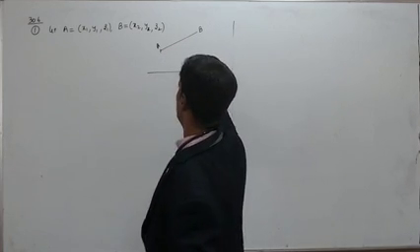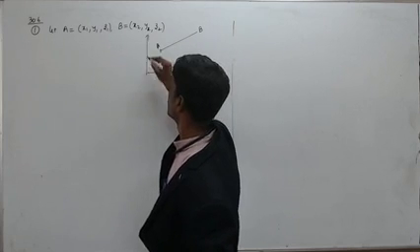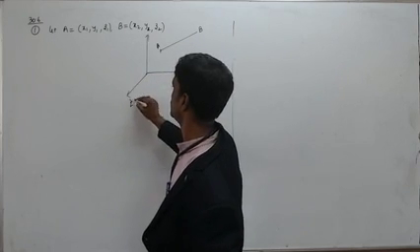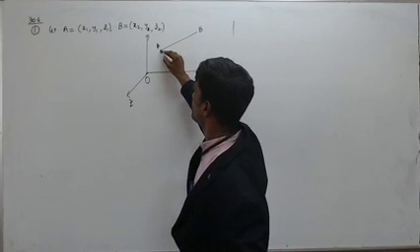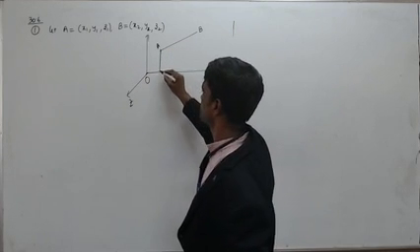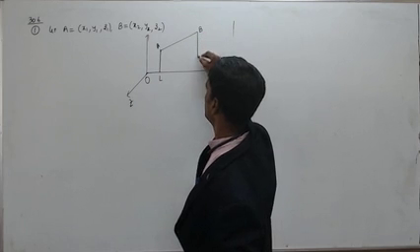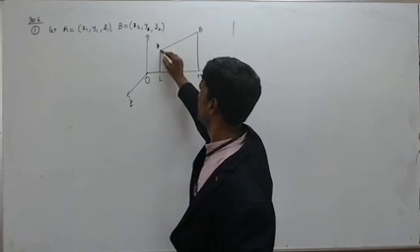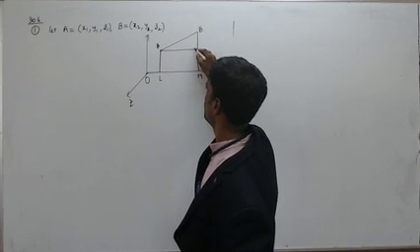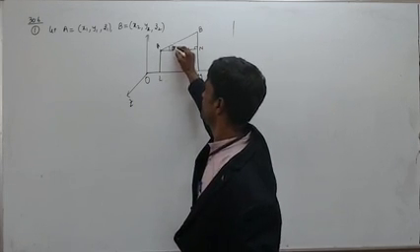Suppose this is the x-axis, this is y, and this is z, this is O. So draw a perpendicular from A on the x-axis, say let it be L. From B, draw a perpendicular on the x-axis, say it is M. Then draw the perpendicular from A upon BM, let it be N. And let this angle be theta.